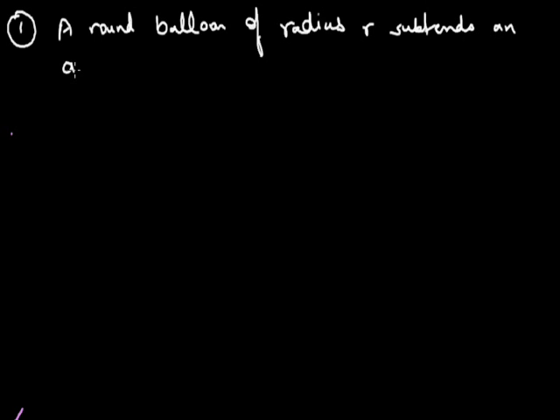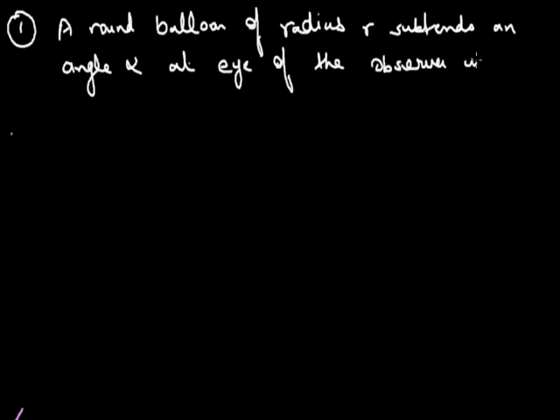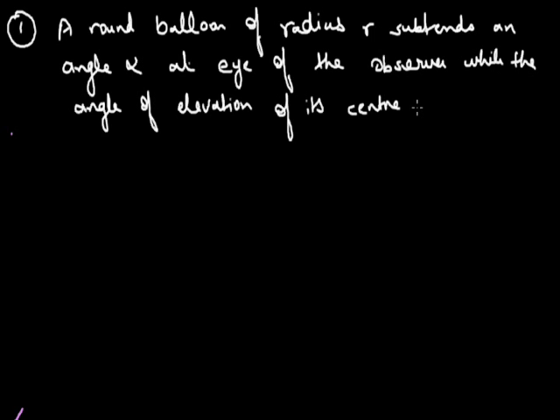Question: a round balloon of radius r subtends an angle alpha at the eye of the observer, while the angle of elevation of its center is beta.